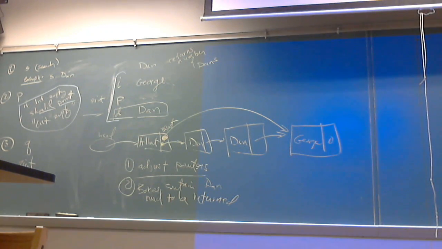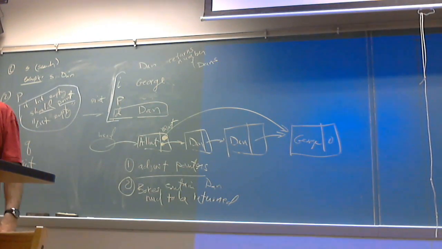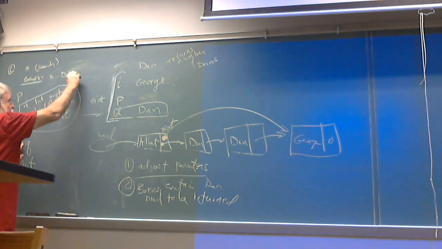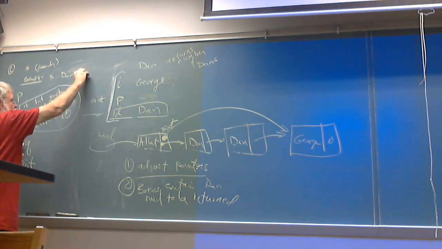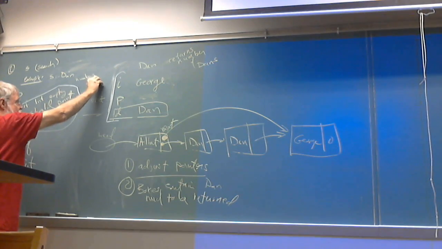So we could just go ahead and do that, but I have a feeling that if I do it, then I'll have done it. Okay, so that's what happened with the delete, right? I kind of did the delete. So yeah, search returns the number of Dans: it'll print on the screen the number of Dans in the list.